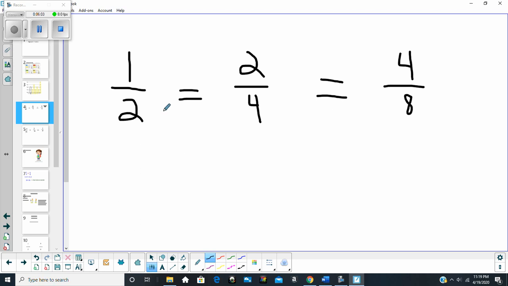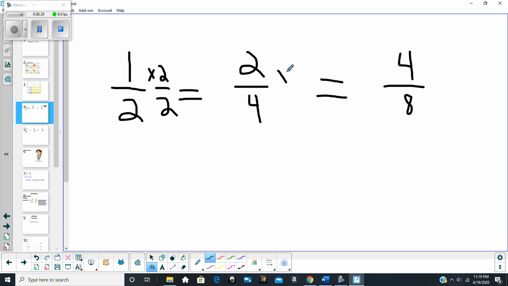The fraction keeps its value. So let's try. If we multiply 1/2 times 2, okay, 1 times 2 is 2, and 2 times 2 is 4.